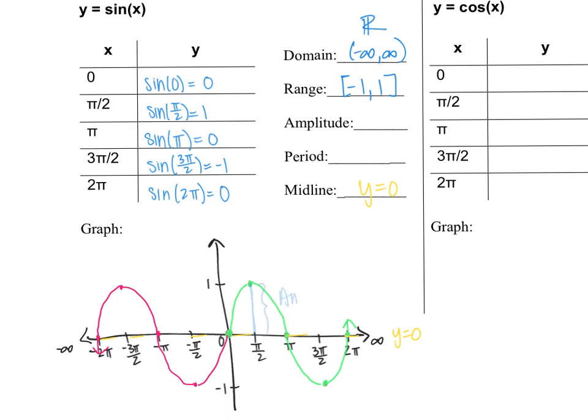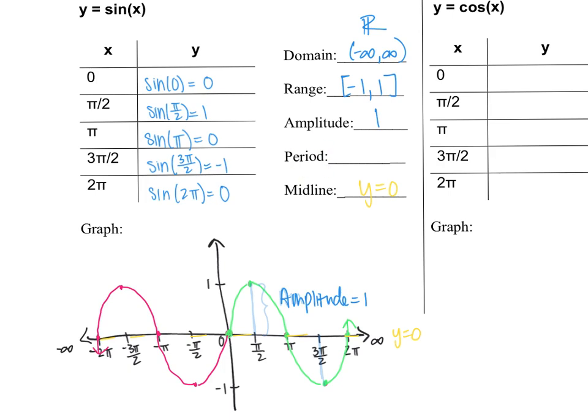So the amplitude is equal to 1. And if I measure from the midline to the furthest part down, it's also 1 unit. Even though it's in the negative direction, this is 1 unit away from the midline. So amplitude is always a positive number. It just shows you the distance away from the midline.